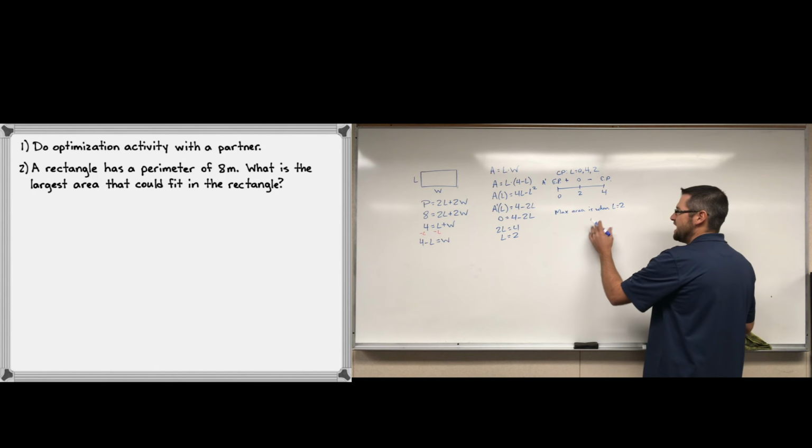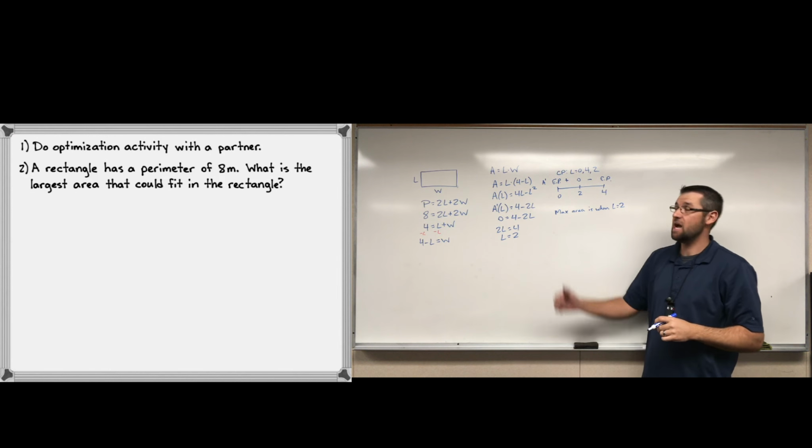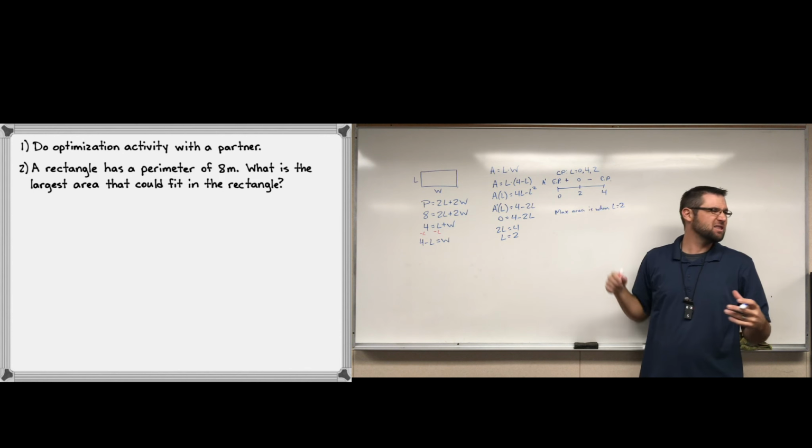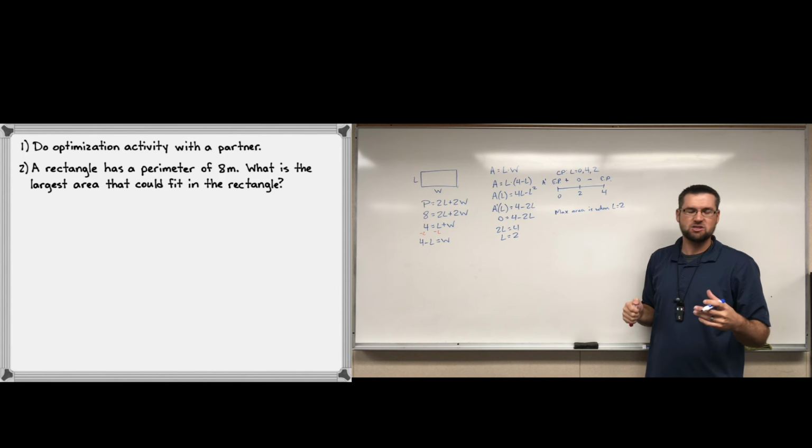Anyways, the max area is when L equals 2 because A prime is changing from positive to negative, right? Actually, that justification is only for what kind of extrema? If I strictly say A prime is changing from positive to negative, I'm saying it's a relative max. I want the absolute max. So what's the justification for absolute max?